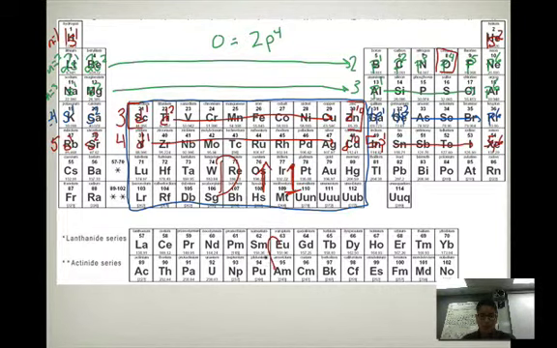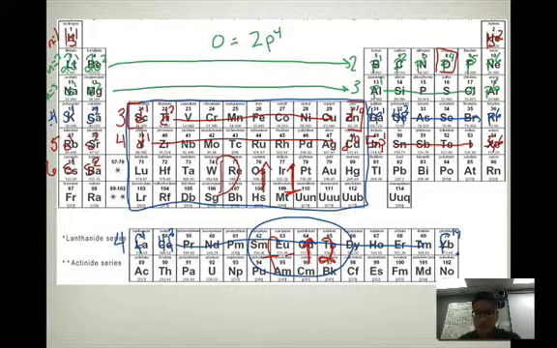Then my f orbitals go up 2. So if my lanthanide series begins right here in this area, and this is 6s1, 6s2, and if my f orbitals go up by 2, and if this is 6, then this lanthanide series would be 4f1, 4f2, all the way down to 4f14.